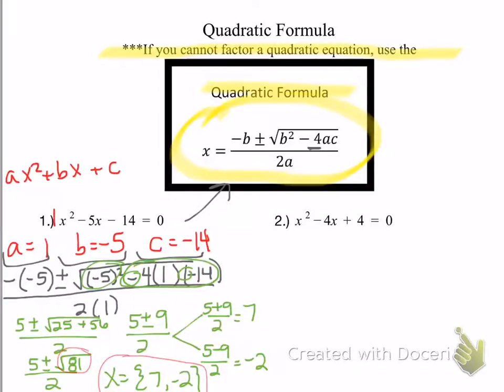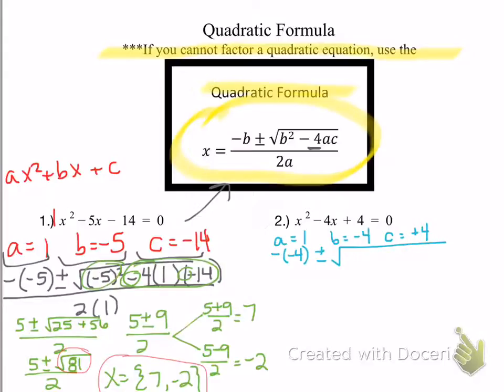First thing I'm doing is labeling what my A is, my B is, and what C is. A is 1, B is -4, and C is +4. First thing I have is a -B, so I have a -4. Then I've got plus or minus.